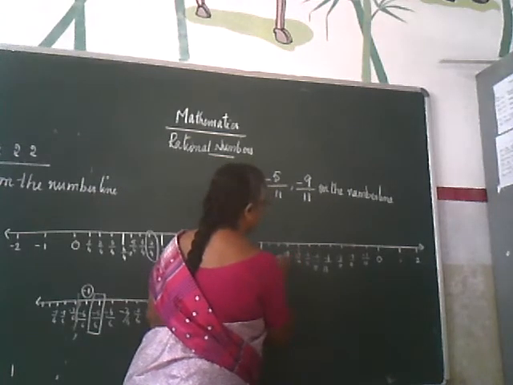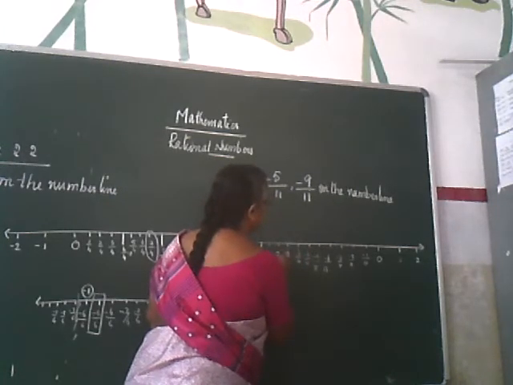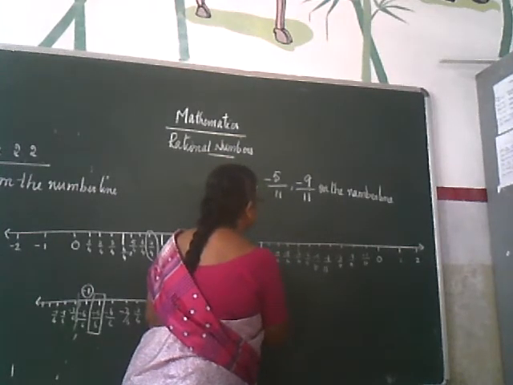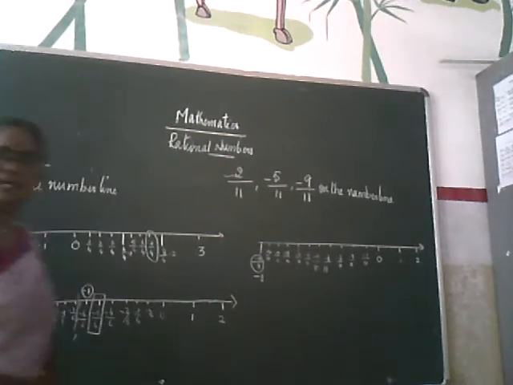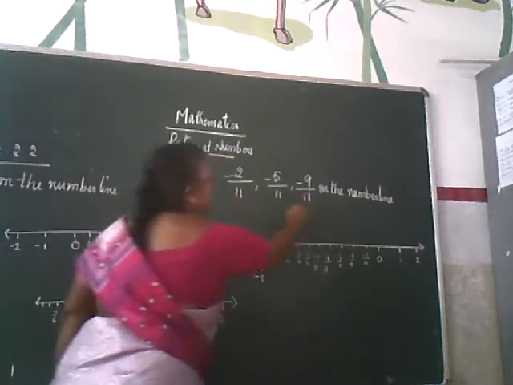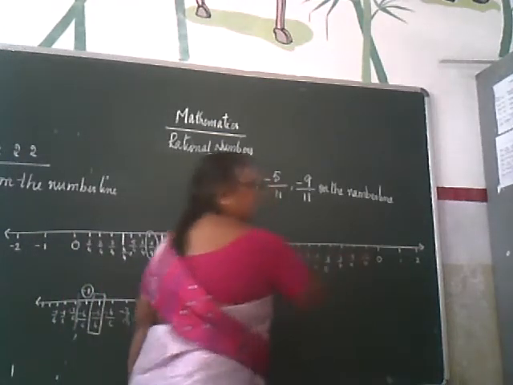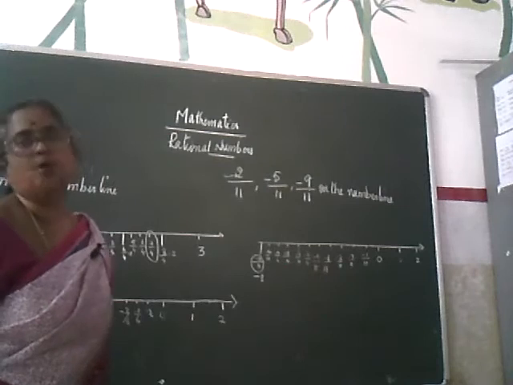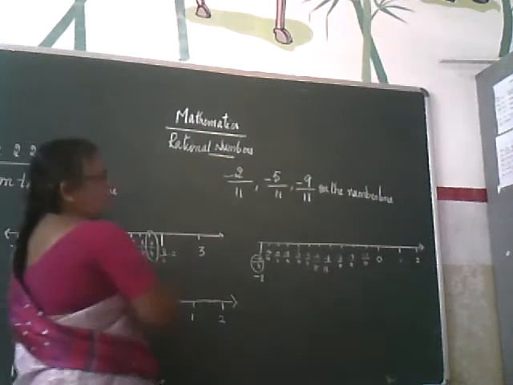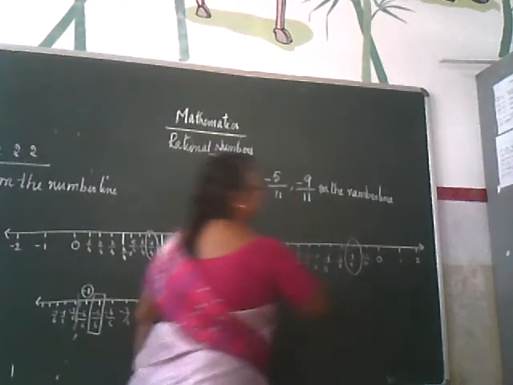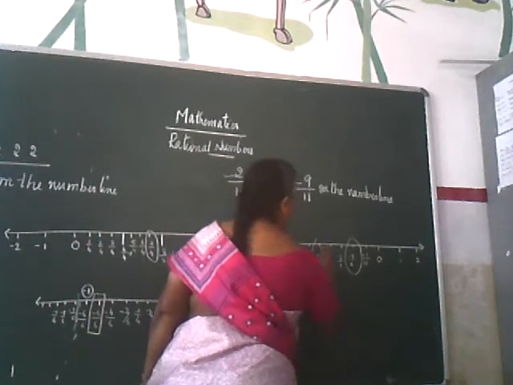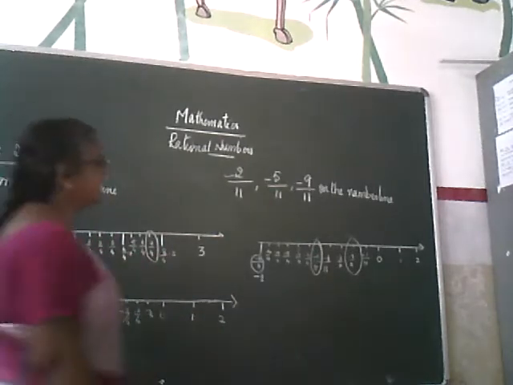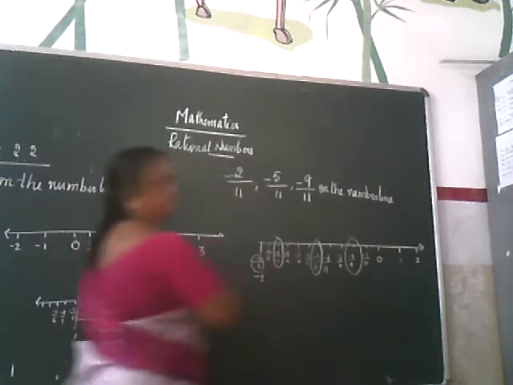Minus 9 by 11, minus 10 by 11, minus 11 by 11, which is equal to minus 1. Okay? Because the denominator contains 11, I have divided into 11 equal parts from 0 to minus 1. So now I got minus 2 by 11, minus 5 by 11, and then minus 9 by 11.